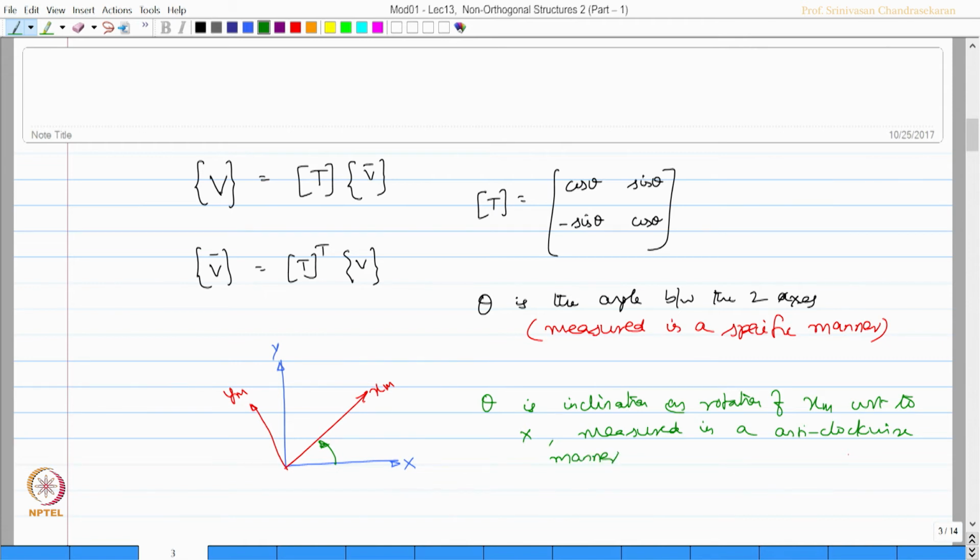In the last lecture we already saw and understood how x m and y m are marked for a given section or a member. So, x m should be considered in such a manner that the length of the member should be on the positive side of x m, and y m is 90 degrees anti-clockwise to x m. We already know how to select x m and y m for a given member which is arbitrarily oriented with respect to the reference axis x and y.